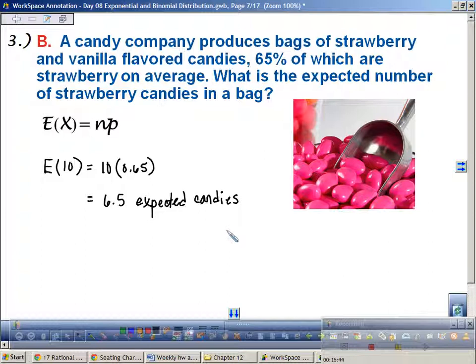Yep. It would not technically be 7. You would literally get half of vanilla mixed with the strawberries. That's what you would expect if somebody told you there are 65% strawberry inside of that box of 10.